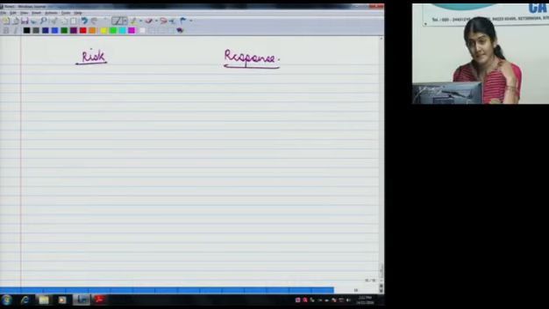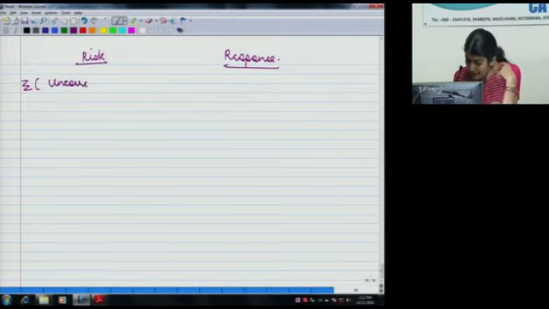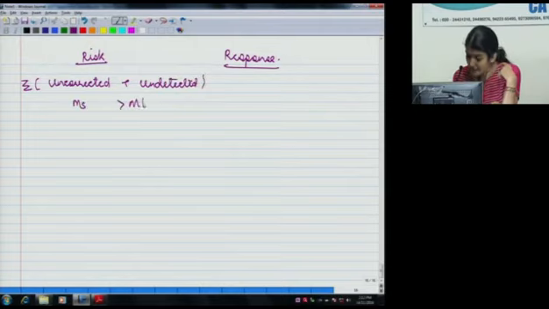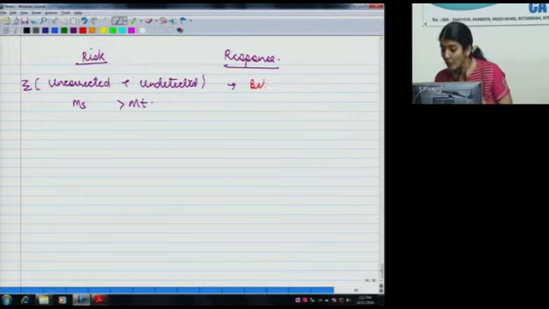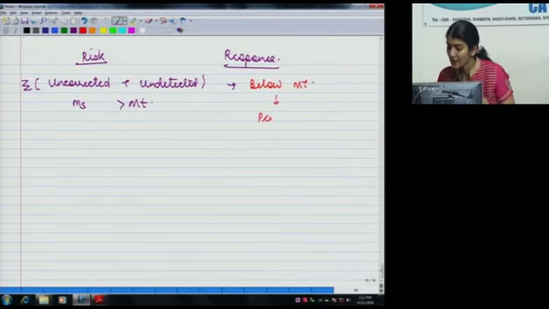What is the risk he has identified? Aggregate of uncorrected plus undetected misstatements could exceed materiality. And to mitigate this risk in the audit, he sets one more level of materiality below materiality, which is called performance materiality.